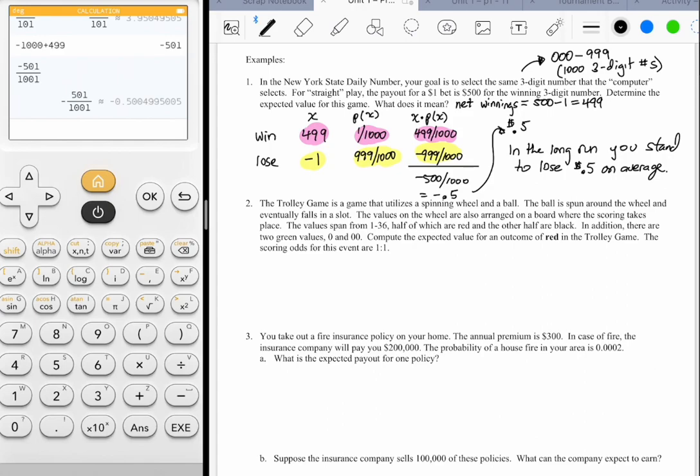I mean, you could throw in, let's say, negative 20,000. So I played the game 20,000 times, and I lost. Now, 1 in every 1,000 times I should win. So let's say I win 20 times. That's what I would expect to happen.